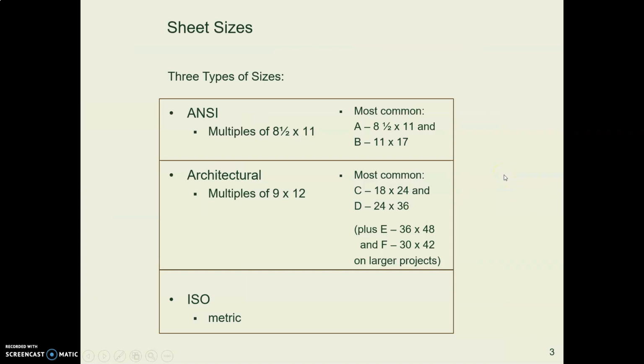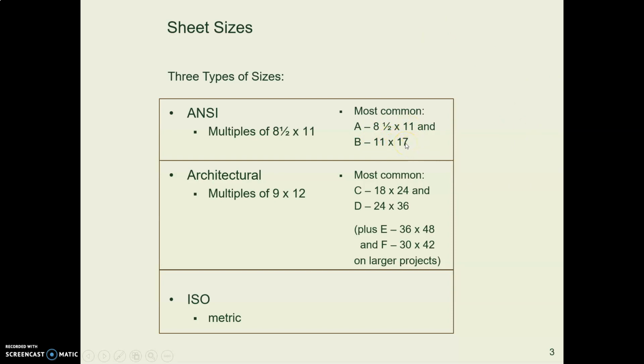It used to be that mechanical people always used multiples of 8.5 by 11 and architectural people always used multiples of 9 by 12. That difference is kind of blurring nowadays because we all use printers, and printers tend to use A size and B size sheets or multiples of those.